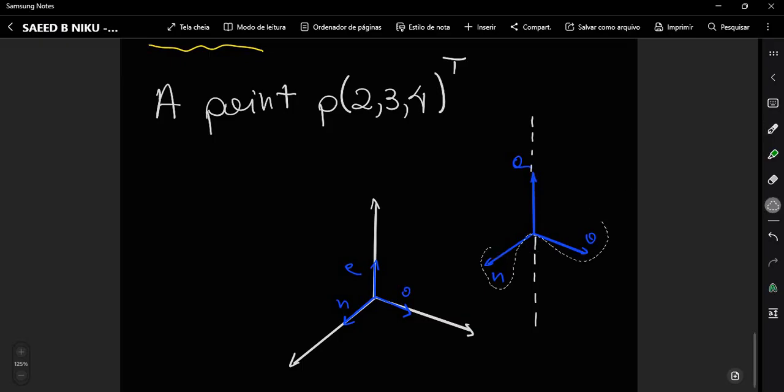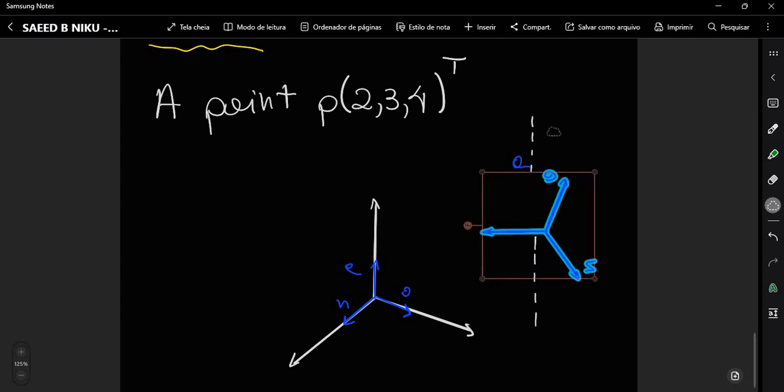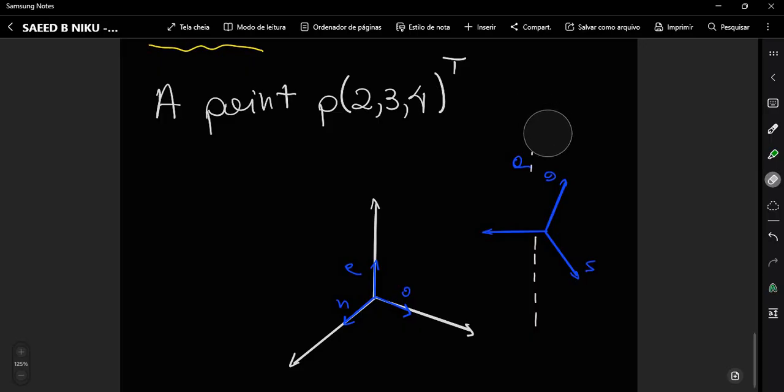Rotation of 90 degrees. So I don't know, 45, 90, and it will look like this.